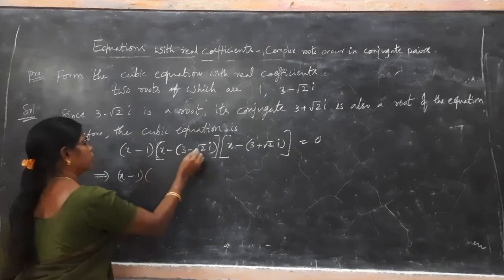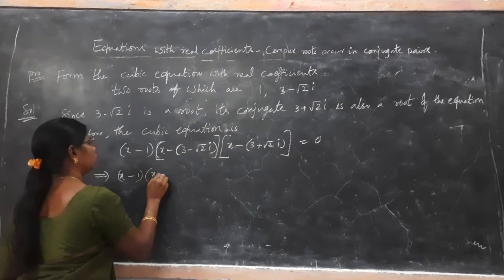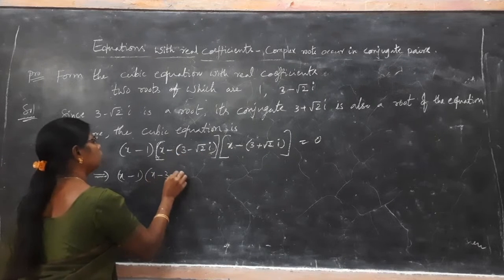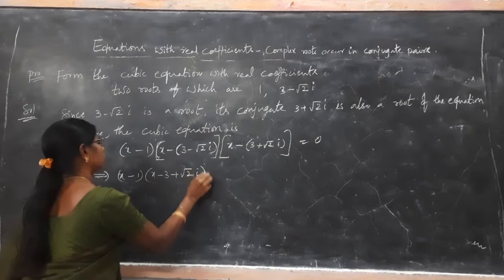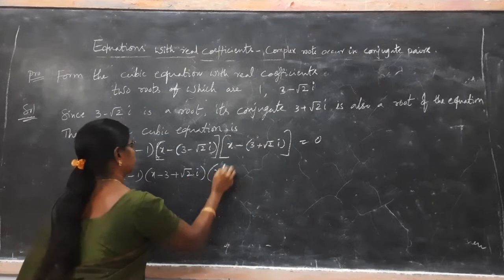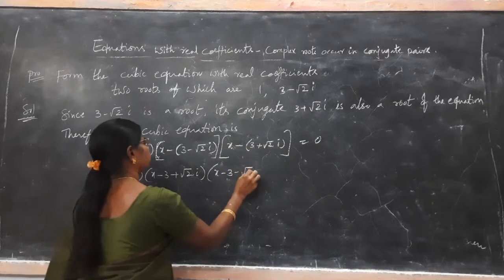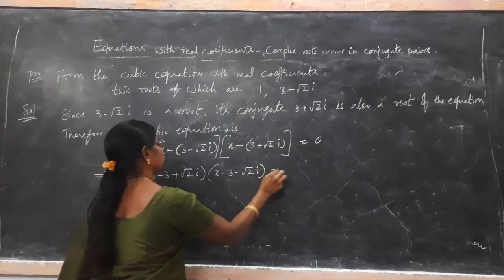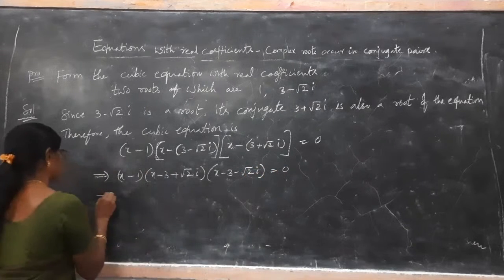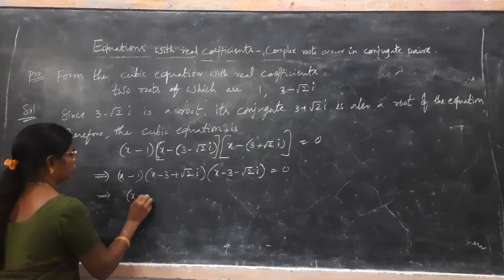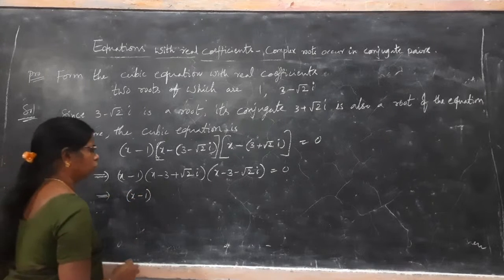So see these two, how to open this bracket. x minus 3 plus root 2i, x minus 3 minus root 2i is equal to 0. This implies x minus 1.